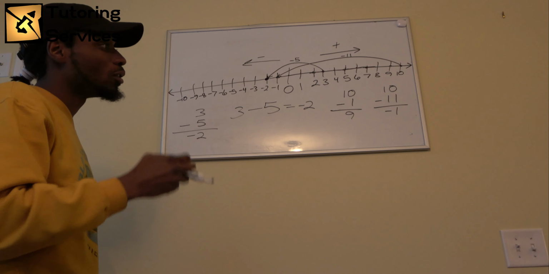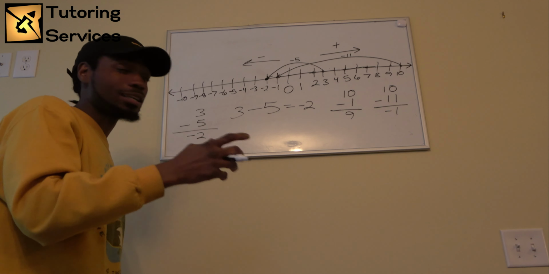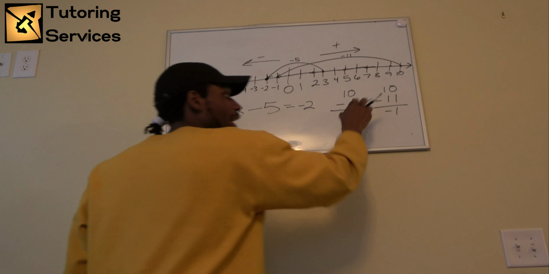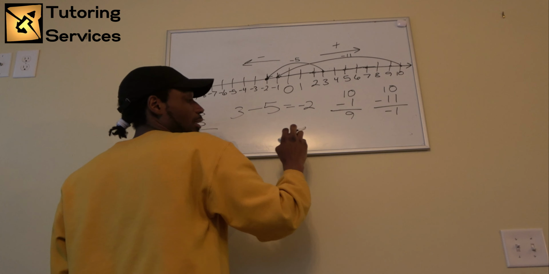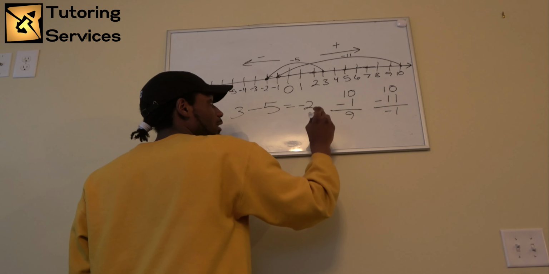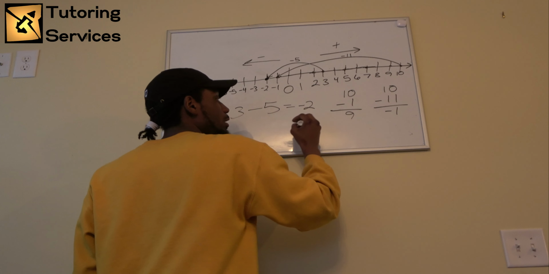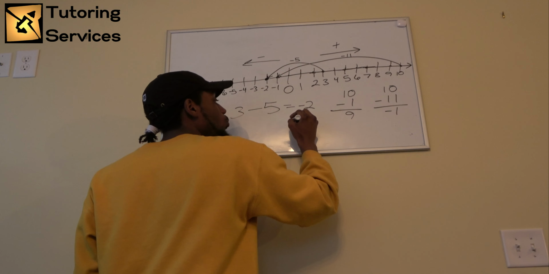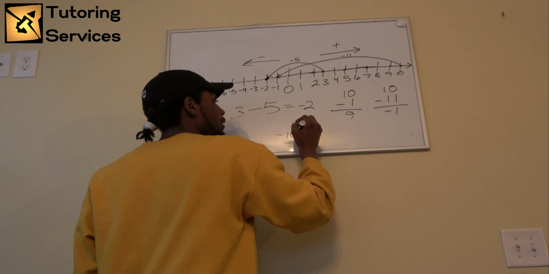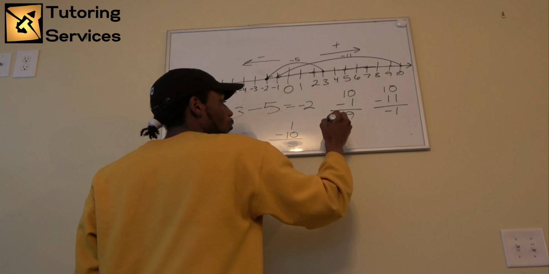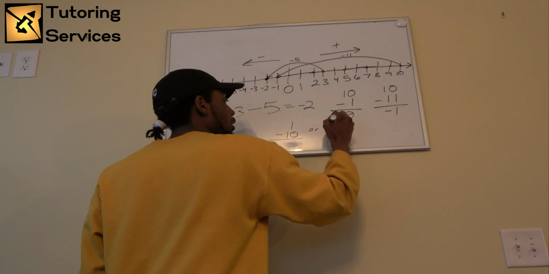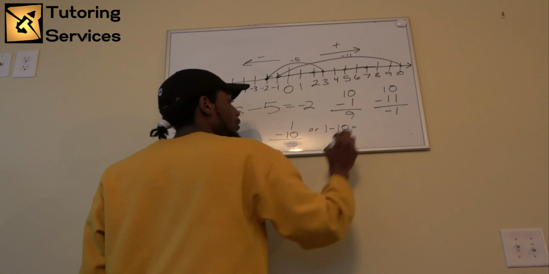All right? Now notice, like I said before, subtraction is not commutative. Notice how if I switch these, it's anti-commutative. When I switch these, all right, well, let's try what is 1 minus 10 equal?